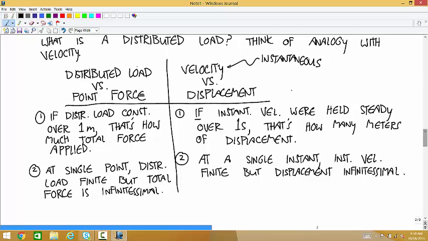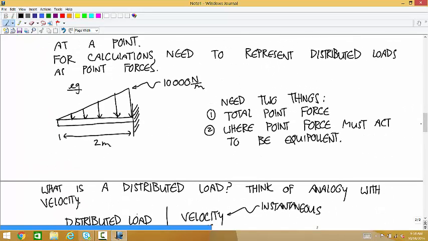Okay, so let's go up to this picture here. What this is saying is this linear function represents the distributed load anywhere along here. Right here, there's a distributed load of 10,000 newtons per meter. Right here, there's a distributed load of 0. Right in the middle, there's a distributed load of 5,000 newtons per meter.